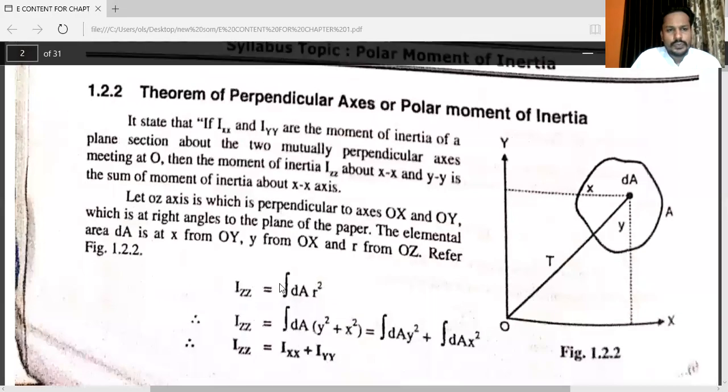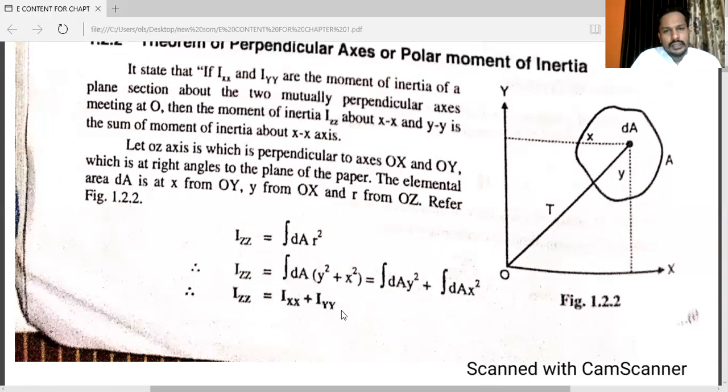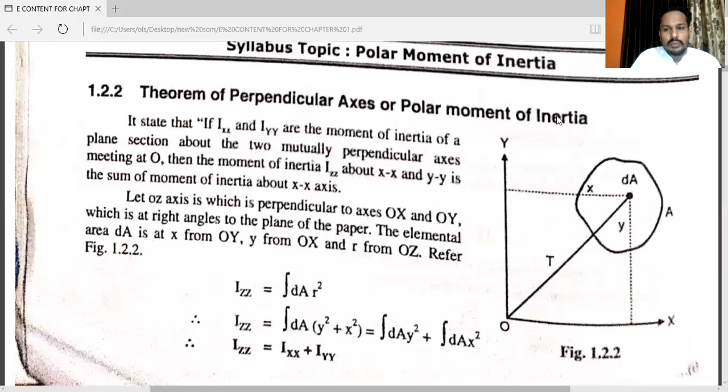See, according to the theorem, it is proved that Izz is equal to Ixx plus Iyy. This theorem is your theorem of perpendicular axis, or you can say the polar moment of inertia.